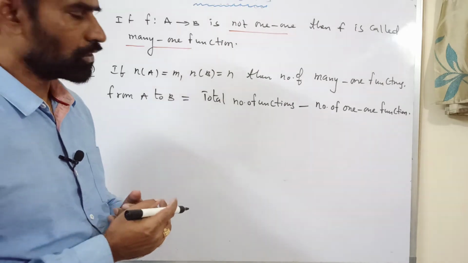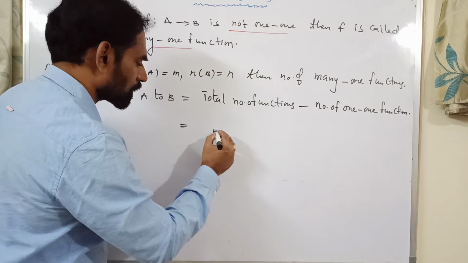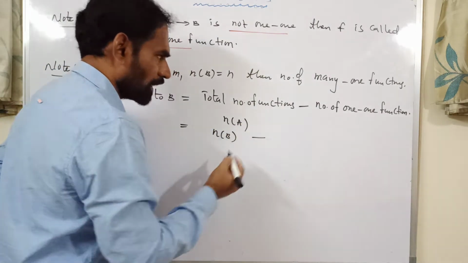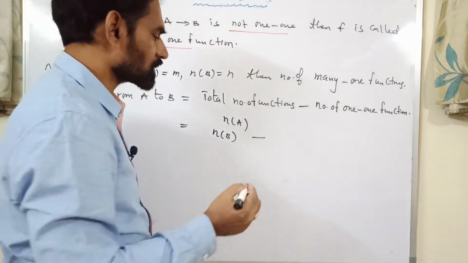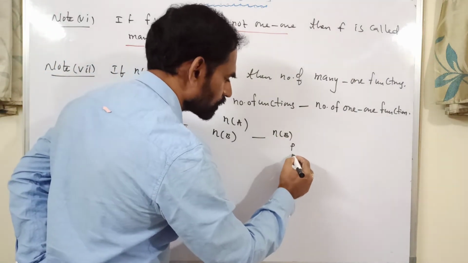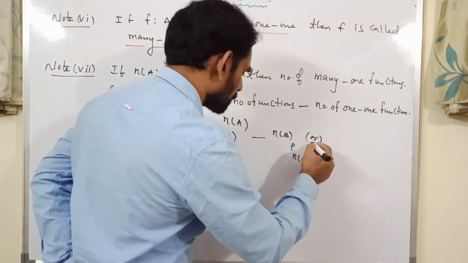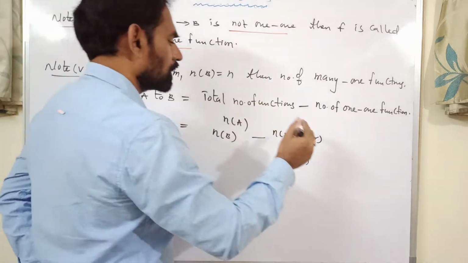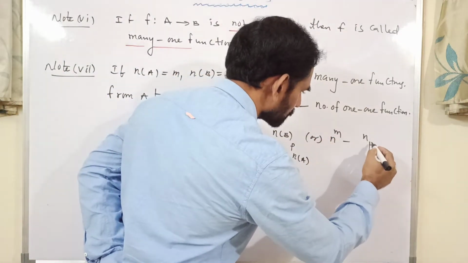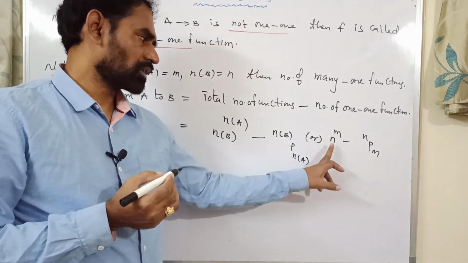many-one functions. You know the formula for the total number of functions: number of B power number of A, minus the number of 1-1 functions, which I gave in the previous note. Or we can write it like this: n power m minus nPm. P is permutation. This is the 1-1 function formula. This is the total number.